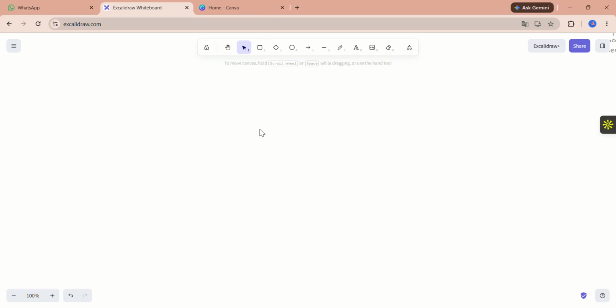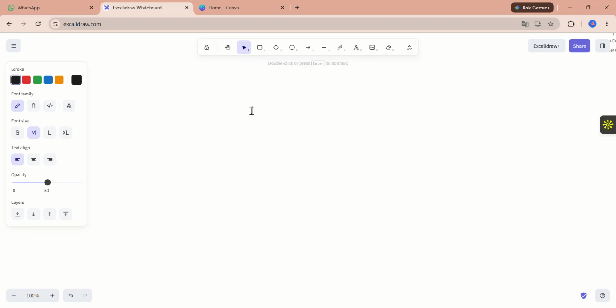First of all, laptop price: laptop equal to 50,000, and mouse equal to 800, and keyboard equal to 1500. So we will add all of them. Laptop plus mouse plus keyboard. So 50,000 plus 800 plus 1500.